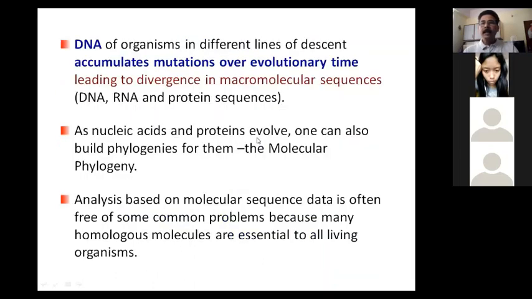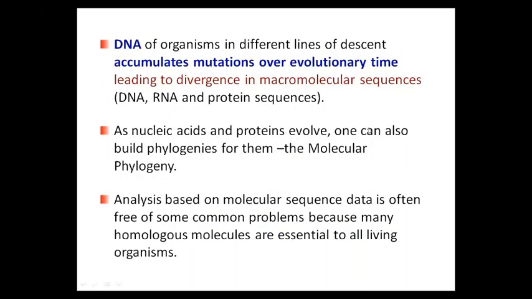As I say, the phylogenetic relationship among species can be established based on genetic sequences represented by DNA and RNA. But of course, we can also take into account the protein sequences for this purpose.